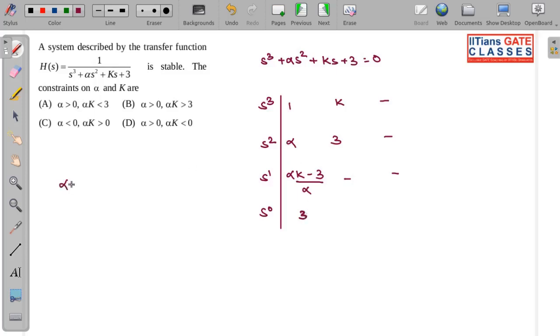That means alpha should be greater than 0 first, and alpha k minus 3 by alpha should be greater than 0. So that means alpha k minus 3 greater than 0, or alpha k is greater than 3. So which option do you see? Alpha k is greater than 3 is present only in this option. So option B is your correct answer.